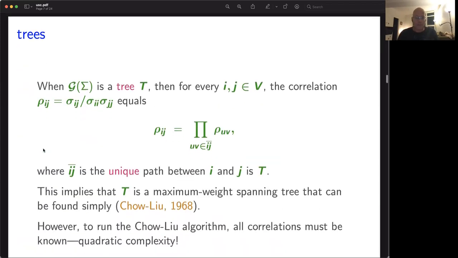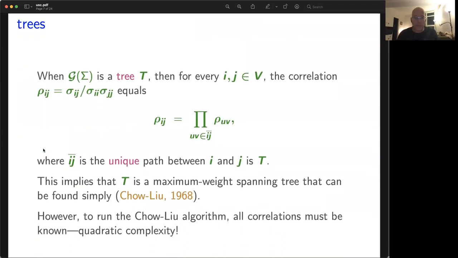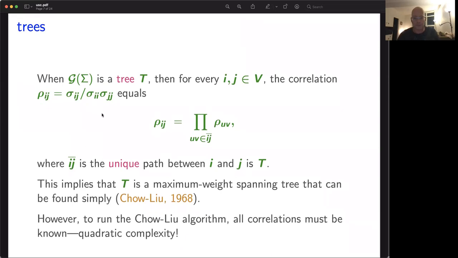Now, for trees, we have this beautiful algebraic property.